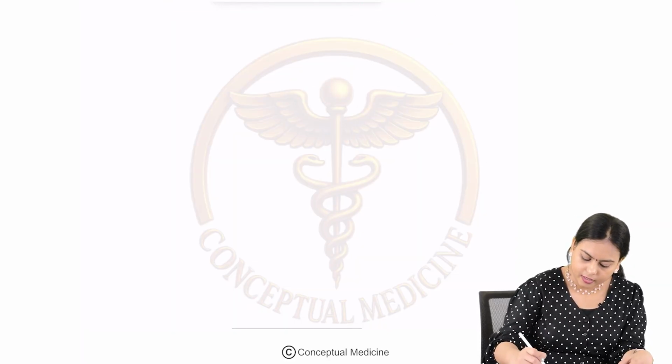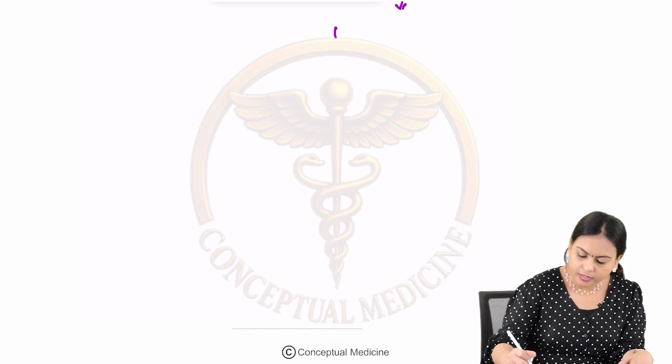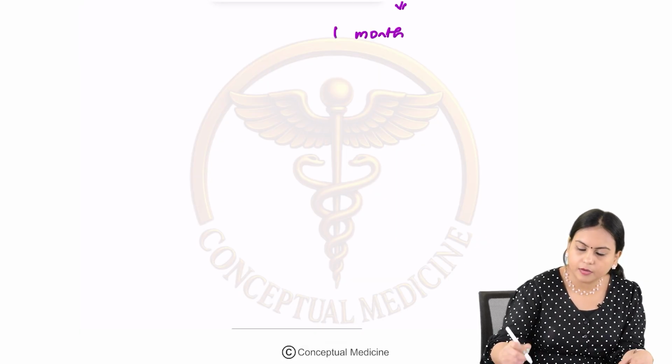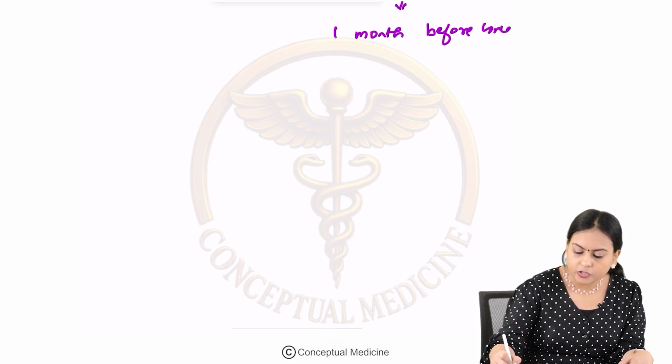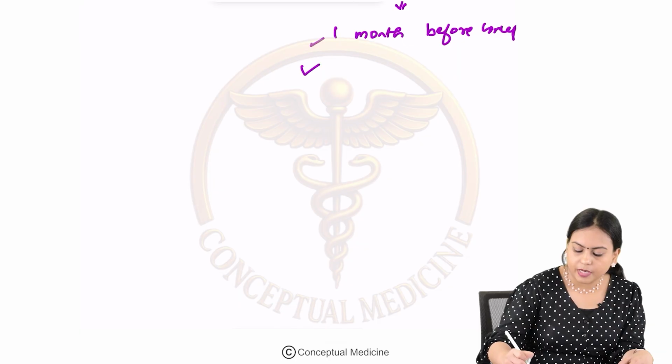Clear? And you have to remember that it should be ideally started 1 month before the conception itself, and it should be continued minimum 3 to 6 months after delivery also.